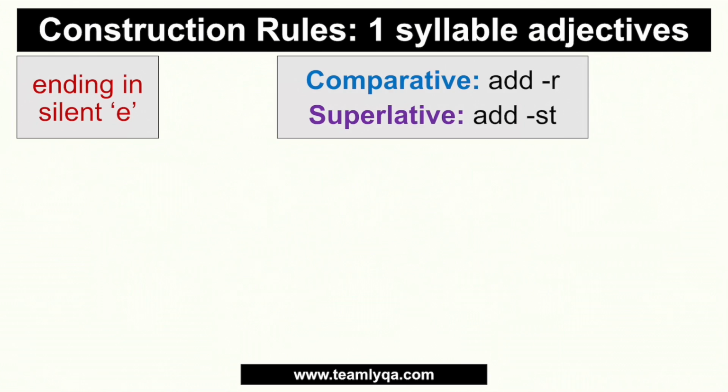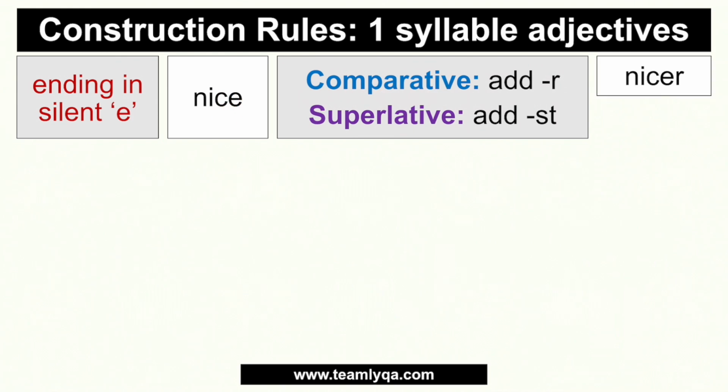Okay? Now, ang rule sa kanya is, to turn it into yung comparative, all you have to do is to add R. And kung superlative naman, dadagdagan mo na siya ng ST. Sa dulo. Okay? After the last letter, which is E. So, again, the example would be nice. Yung nice, dahil siya ay one-syllable adjective at natatapos siya sa letter E, all I have to do to turn this sa comparative would be to add R, so nicer, at superlative naman would be nicest.